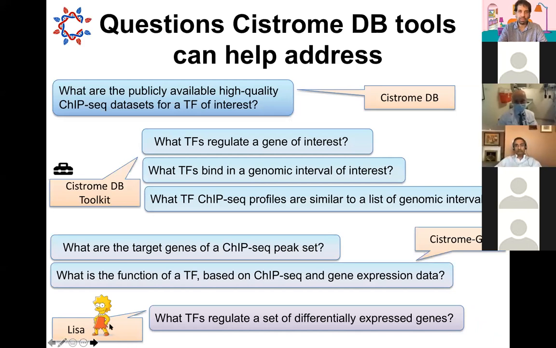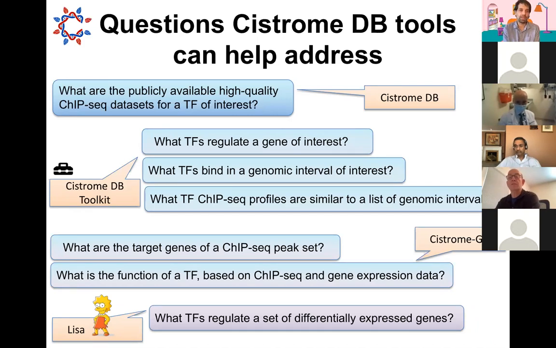There are some basic questions which the Cistrome Data Browser can help biologists address. The first question is, what are the publicly available high quality data sets of some kind of TF or histone modification of interest? For this, you can query the Cistrome Data Browser.